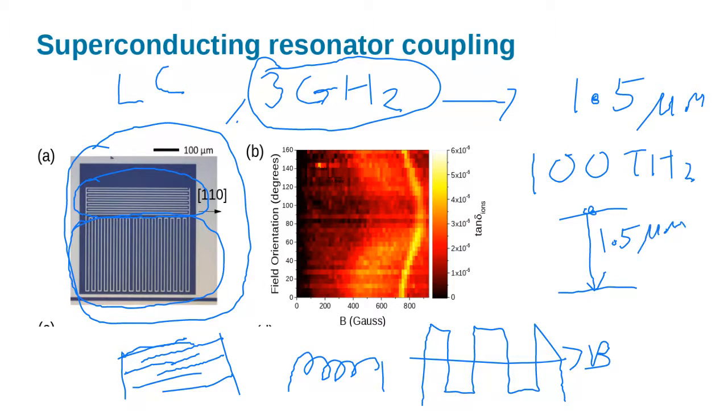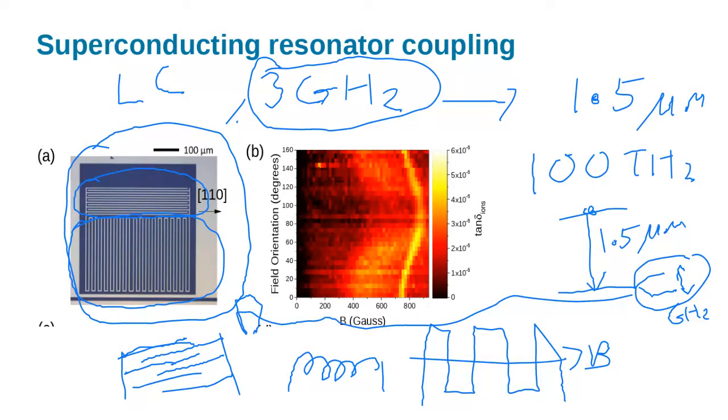In a magnetic field, these levels split up. I've exaggerated that massively. But that splitting can be in the gigahertz region. So we can couple, in theory, this splitting to the microwave frequencies of these superconducting resonators.